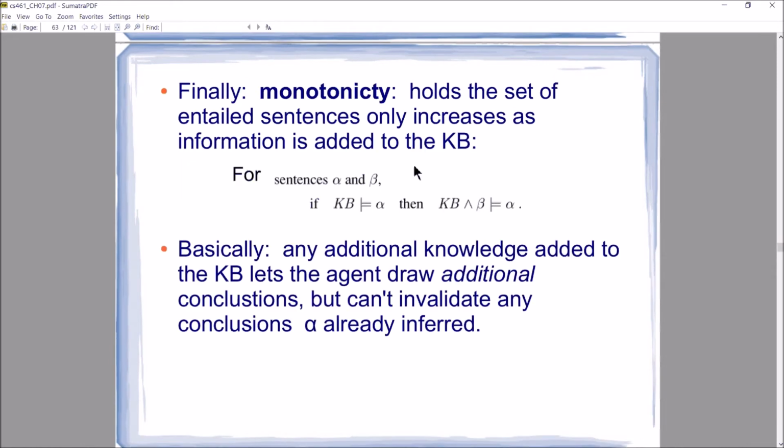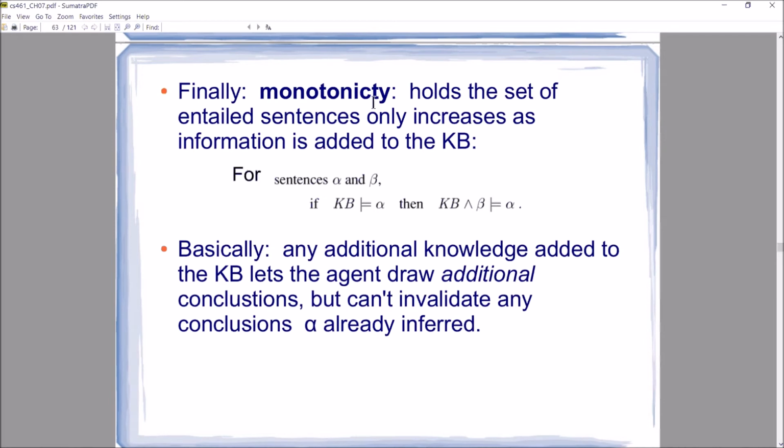Okay, so next up I have to talk to you about this term monotonicity. There's a missing letter in the spelling here, I apologize for that. Monotonicity, however you want to pronounce it.